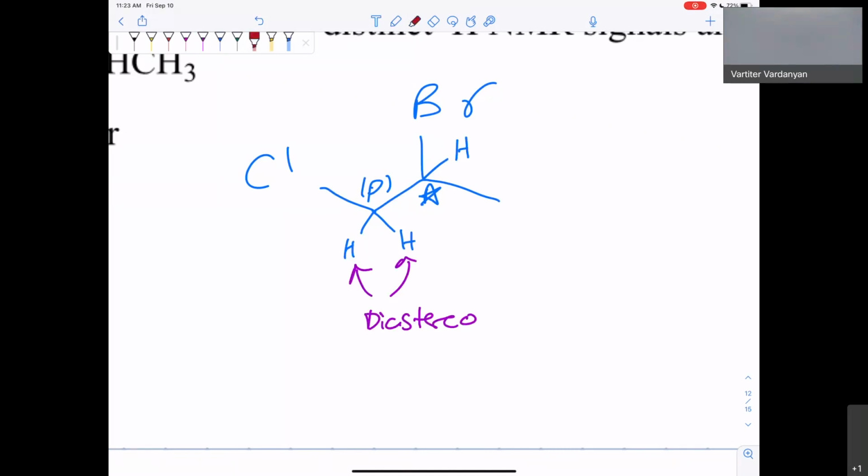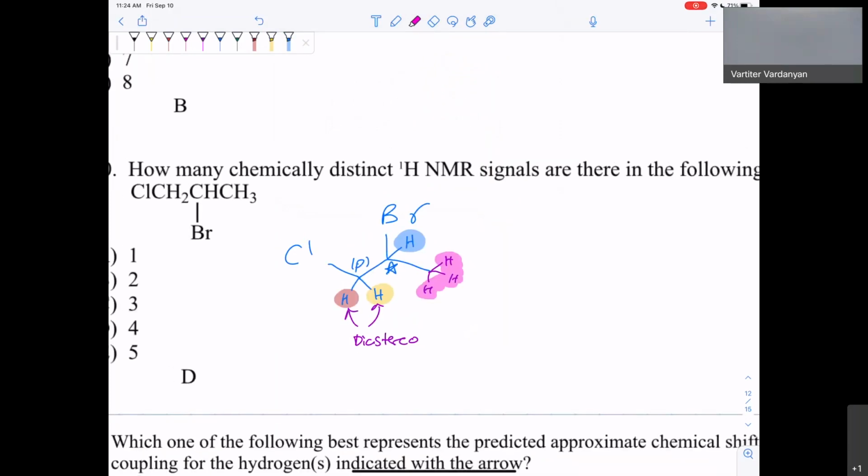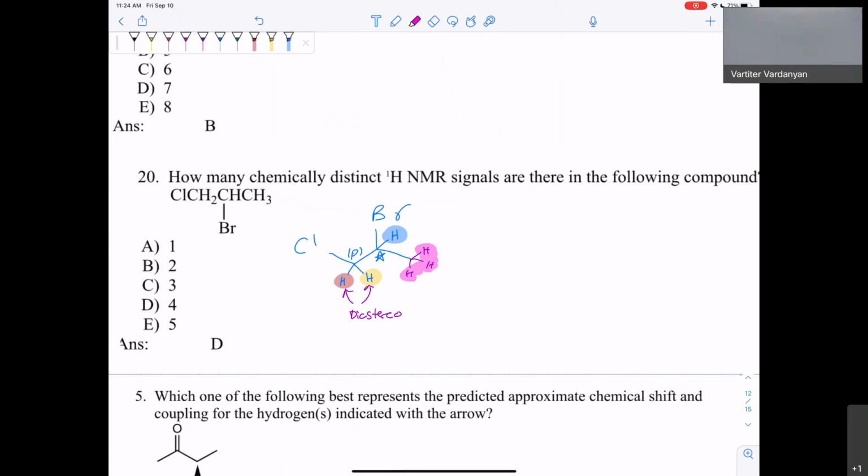So we're going to have 1 signal, 2 signals, 3 signals, 4 signals. So the answer would be 4.